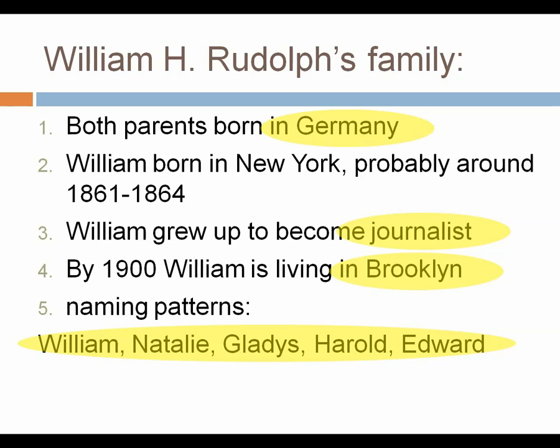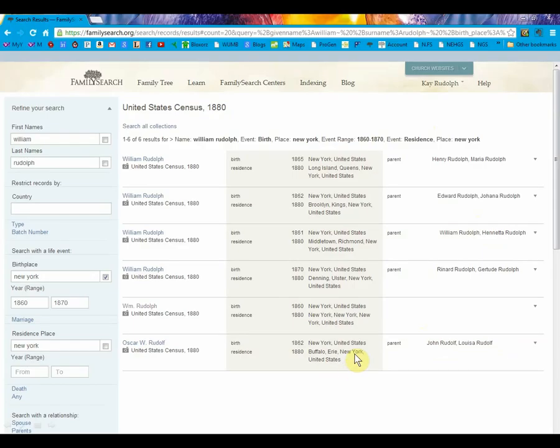We're going to want to pay careful attention to see if we can find anybody in the 1880 census who fits this profile. So we go to FamilySearch, we enter the information we know. I'm going to be very loose because sometimes the censuses are a little unreliable. So I'm going to look at people born in that entire decade.